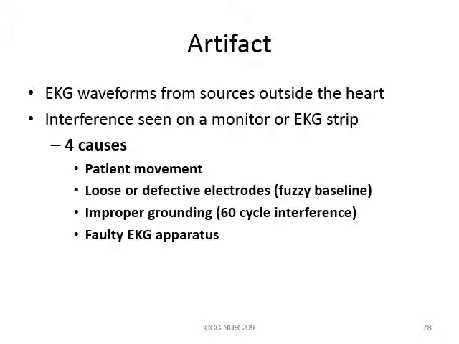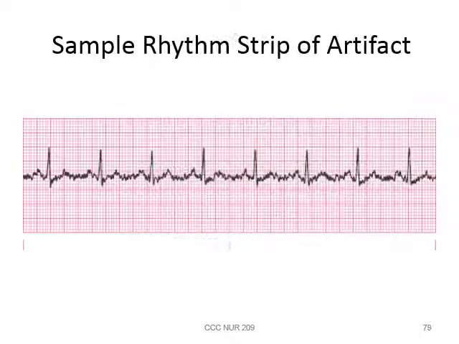If you don't get good contact, you can get what's called artifact. That can come from patient movement, loose or defective electrodes. Today we don't see 60 cycle interference because everything is well grounded, but you can see that. If you don't have good contact to the skin, good enough gel, or it's loose from the skin, wet or moist, you can develop what's called artifact.